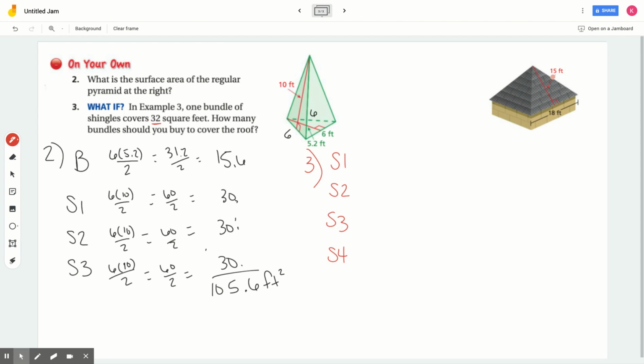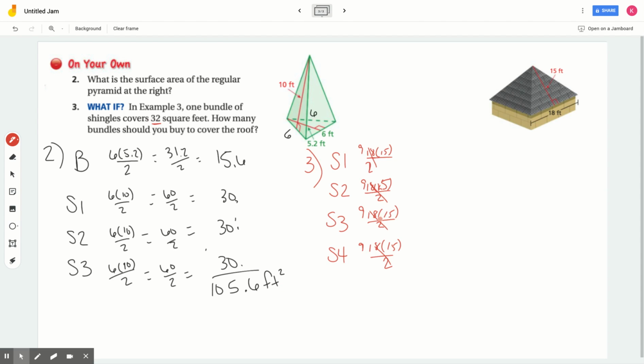So 18 times 15 divided by 2 for each of those sides. Now, I would simplify and know that 18 divided by 2 is 9. So I could multiply 15 by 9 to find my answer.